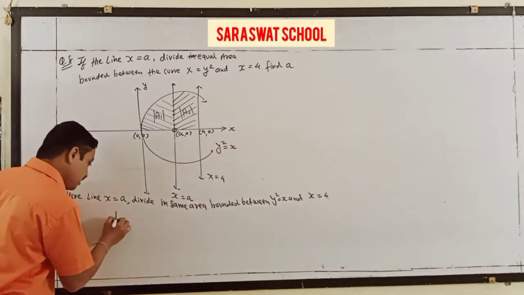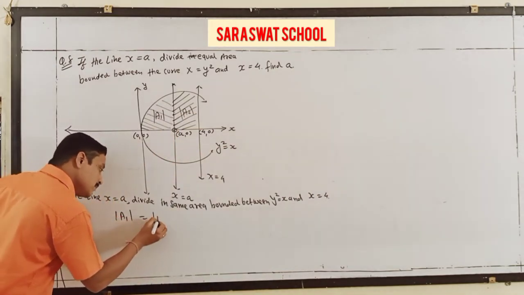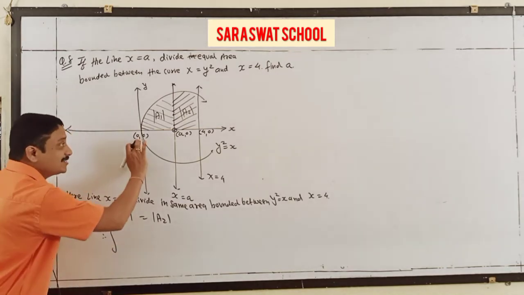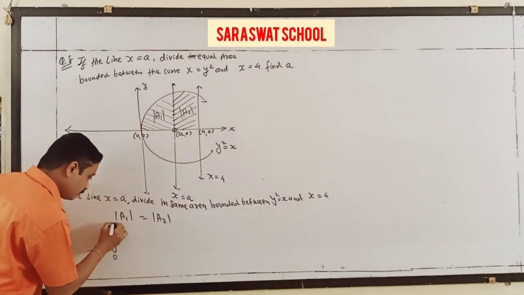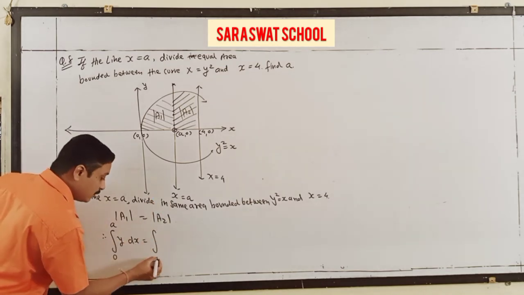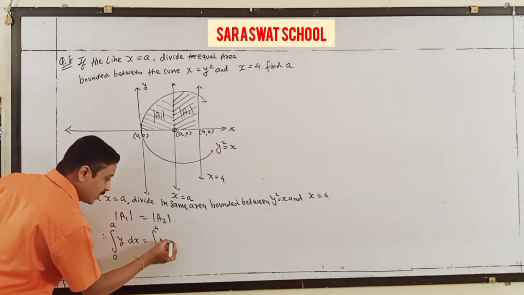That's why I am taking A1 and A2 in the same positions. So A1 here is 0 to a, y dx. Secondly, a to 4, y dx.